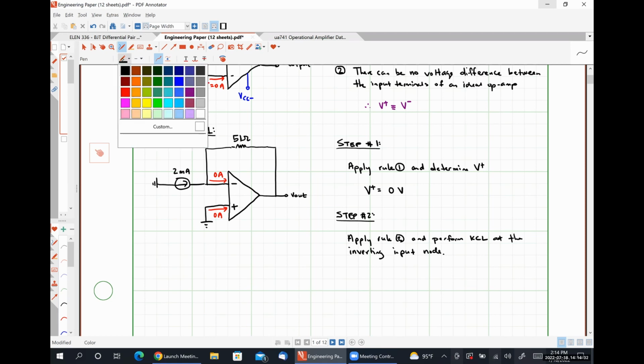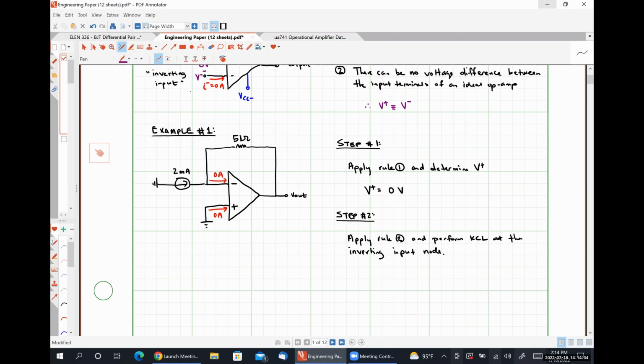So if this voltage V plus is 0 volts, op-amp rule number 2 says that this voltage V minus must also be 0 volts.